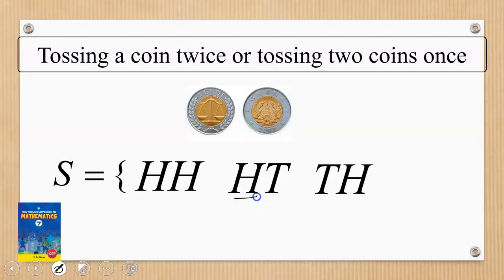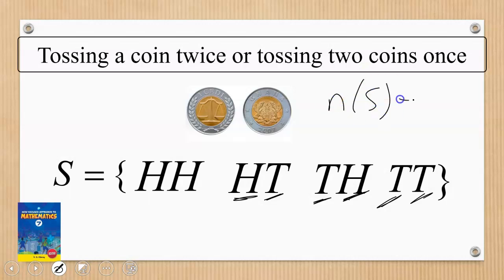That means first head, second tail, or first tail, second head, or both appear tail. So here is the sample space for the possible outcomes from throwing 2 coins. And here the number of sample space becomes 4, because either this or this or this or this will be the outcome.